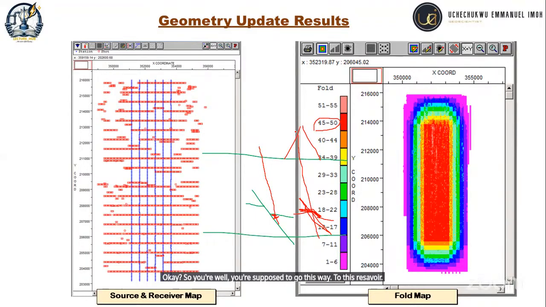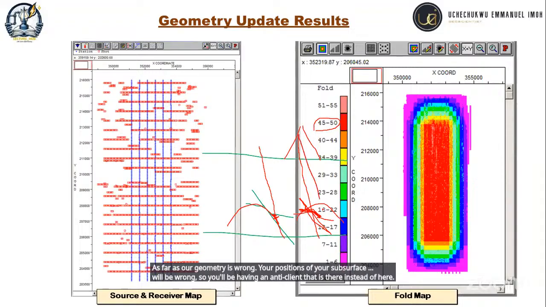But unfortunately, because you did the wrong geometry update and nobody knew that you did the wrong geometry update, even if you did every other processing step fantastically, the seismic data will come out clean and well interpretable. As far as your geometry is wrong, the positions of your subsurface structures will be wrong. So you'll be having an anticline that is here instead of here.